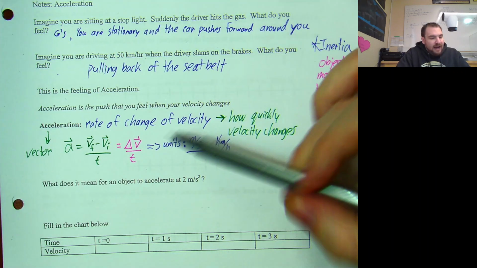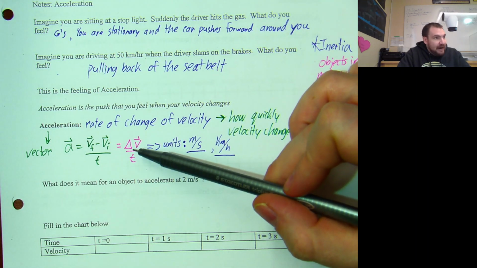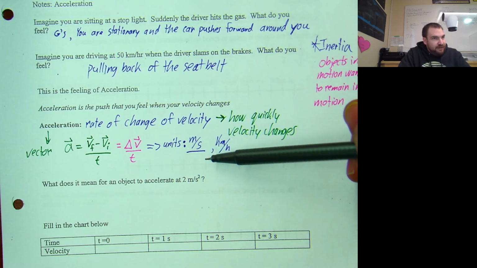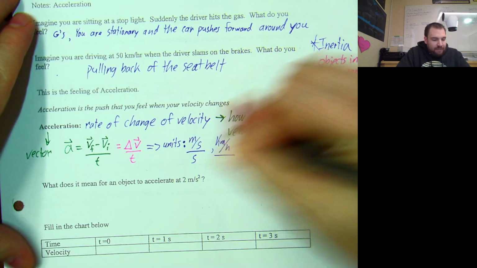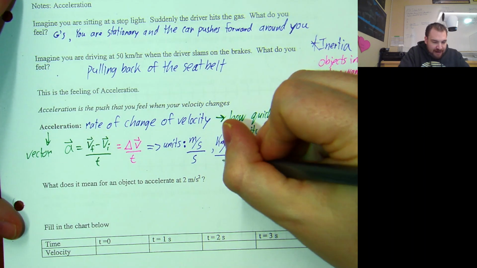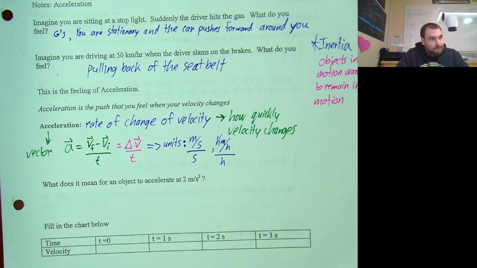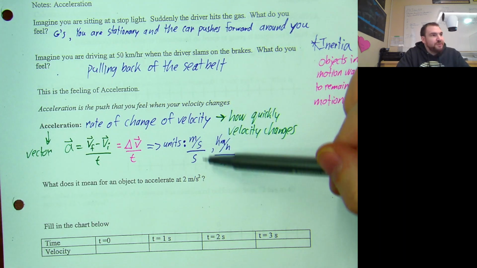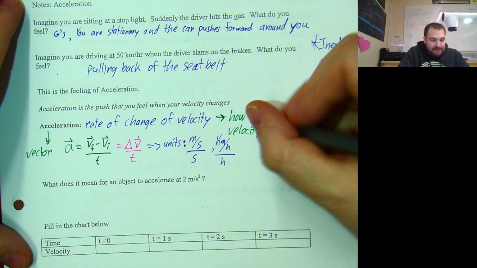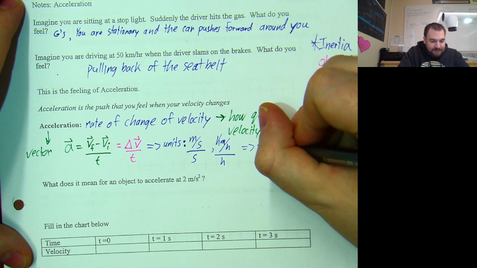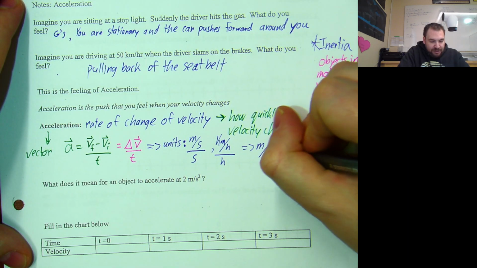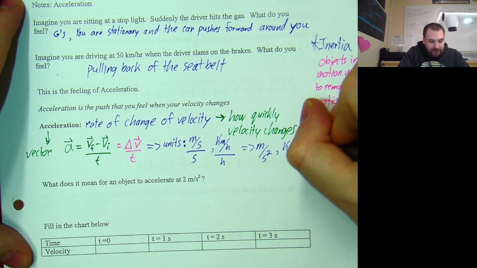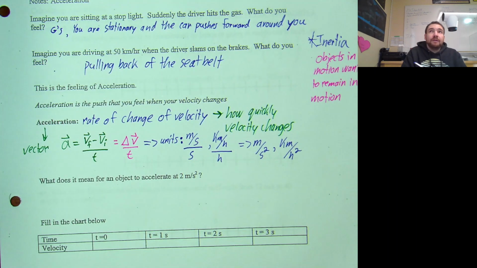But I'm also now dividing that thing by time. So I'm going to have a meter per second divided by seconds, or I'm going to have a kilometer per hour divided by hours. When I have a meter divided by seconds and then that thing also divided by seconds, I can rewrite this as a meter per second squared or a kilometer per hour squared.